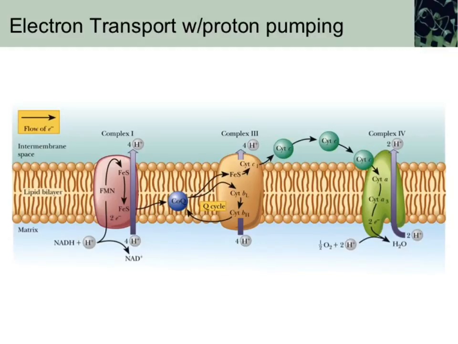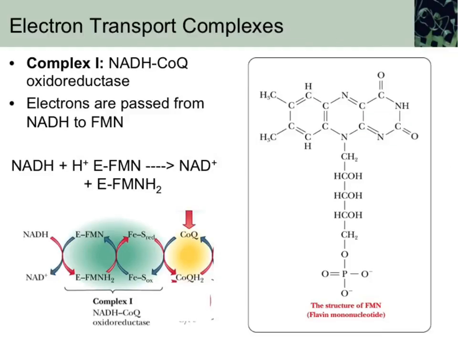So I have a question. Does that mean each NADH will produce 10? Yes. It's a little bit more complex than that, but once you've got NADH starting at your electron transport chain, you're going to end up with 10 hydrogens.